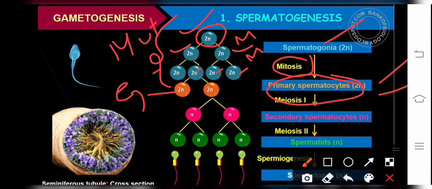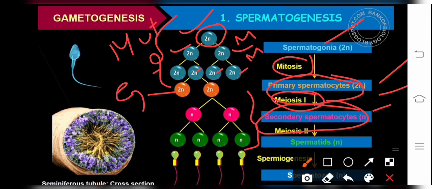Then there is the maturation phase, which it undergoes. We call this the maturation phase. So this primary spermatocyte will now divide into secondary spermatocyte with the help of meiosis 1. Can you see that here? This is meiosis 1. So I repeat, primary spermatocyte undergoes meiosis 1 to form secondary spermatocyte, right?